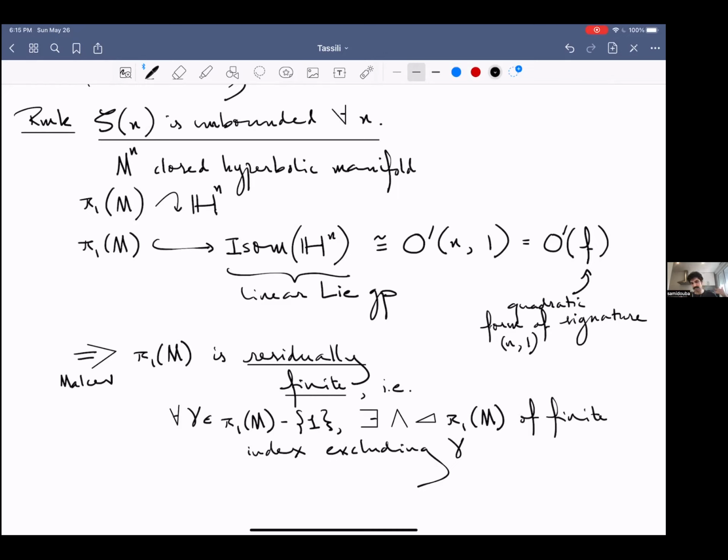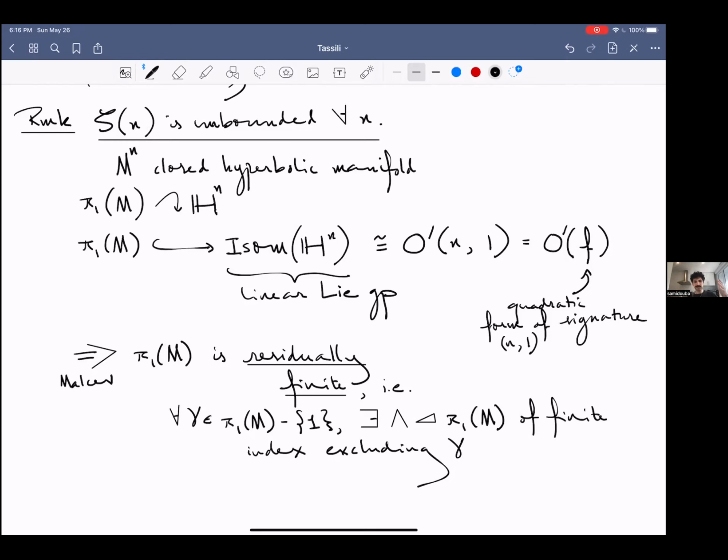If I take a finite index normal subgroup excluding each of those representatives, I get a finite cover of M whose systole is larger than L. This is a motif that will appear again and again in the talk: an abundance of finite index subgroups allows you to construct manifolds with prescribed systole, essentially.